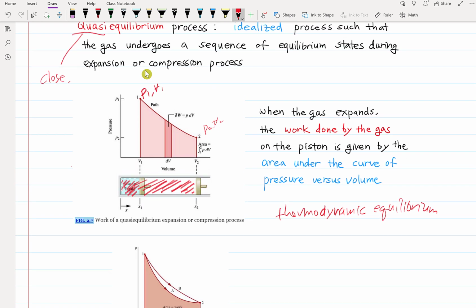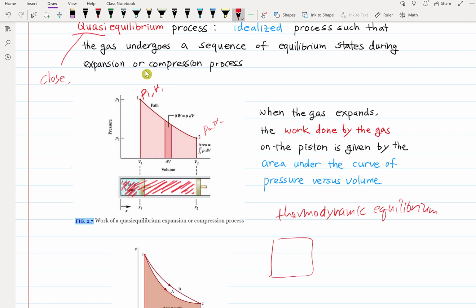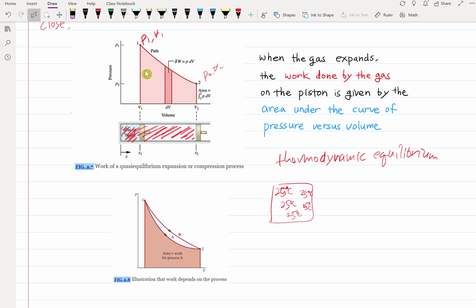Thermal equilibrium describes that the temperature within the system is constant. So if it's 25 degrees Celsius, everywhere in the system is 25 degrees Celsius. This is thermal equilibrium. There is no temperature gradient within the system. Chemical equilibrium.